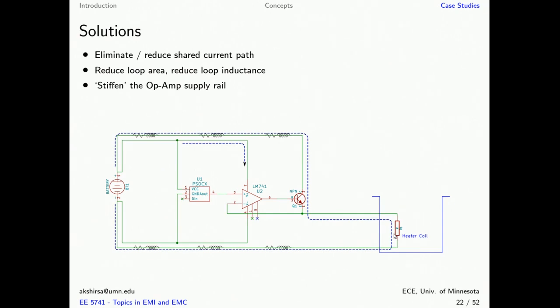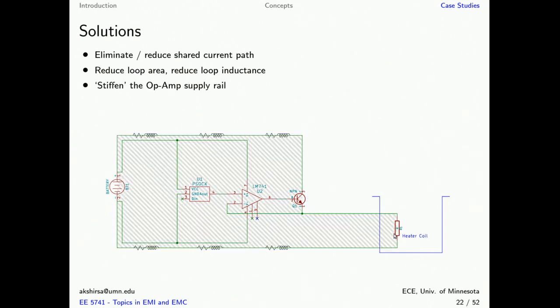Now what is the area associated with this loop? That is fairly large, and if the heater coil were to turn on or turn off suddenly, we expect that a large amount of electromagnetic energy will be radiated. This can especially be a big problem if the heater coil is far away from the control system.